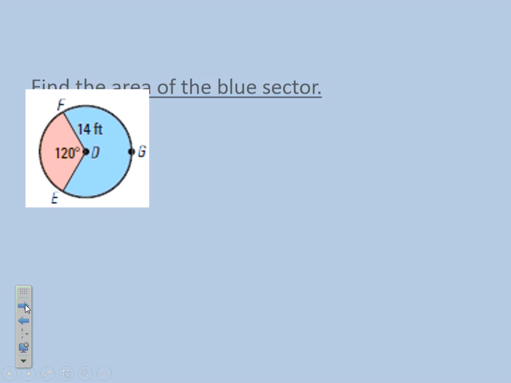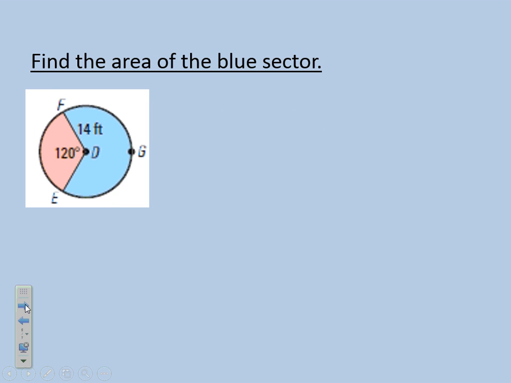Here we go. Example number 1. We need to find the area of the blue sector. So if we're finding the area of the blue sector, that is all of this right here. That is our goal. So we're going to set this up.